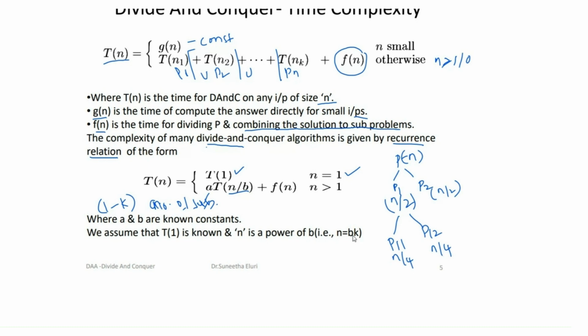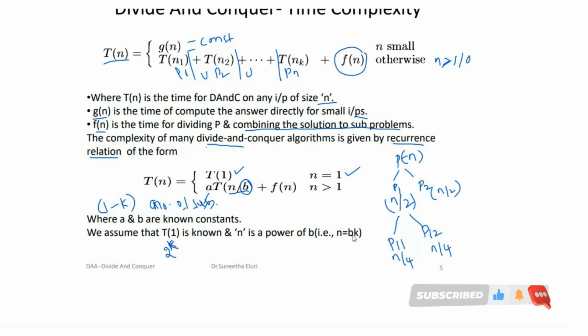So hence how much input size is being shared, this b is nothing but the share of the input for each of the subproblems. Usually the b value is in terms of powers of 2, depending on the k number of subproblems.